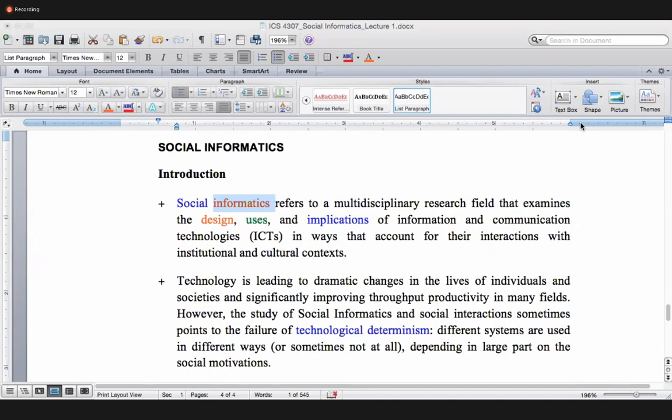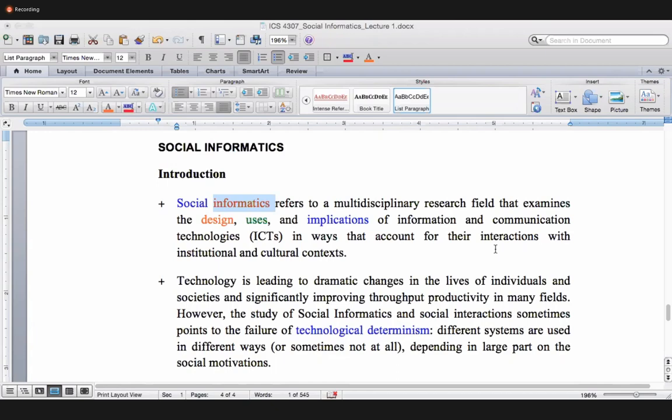So we talk about a human person being the center in all these aspects that we do. And that's what we are going to look at in social informatics: to understand the design, the uses, and the implication of a technology.